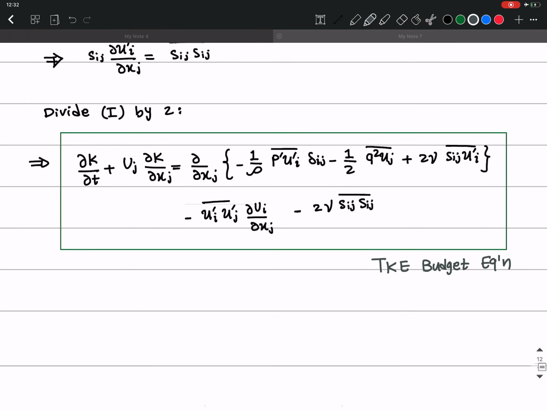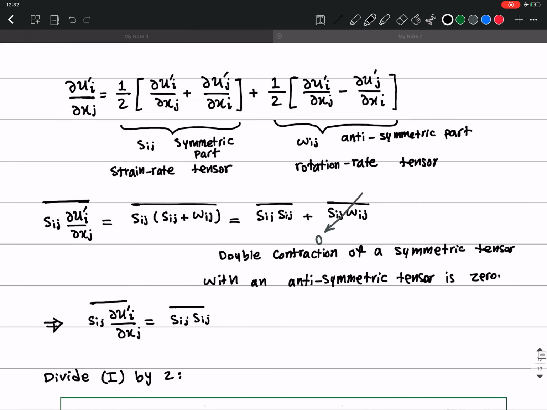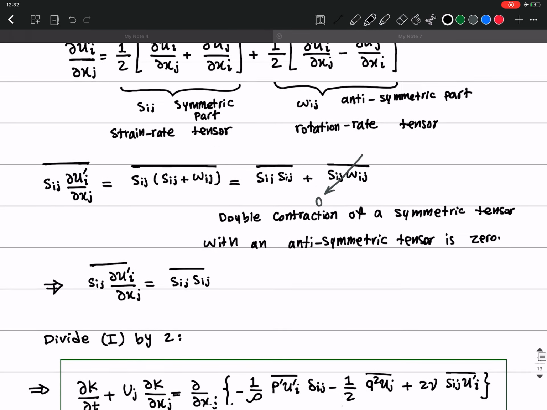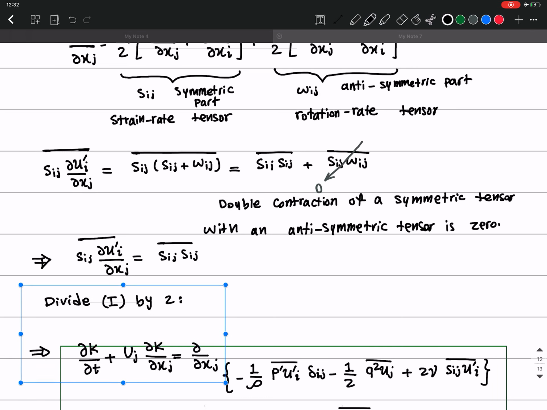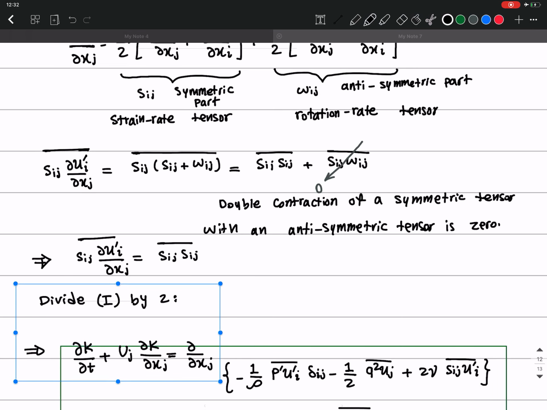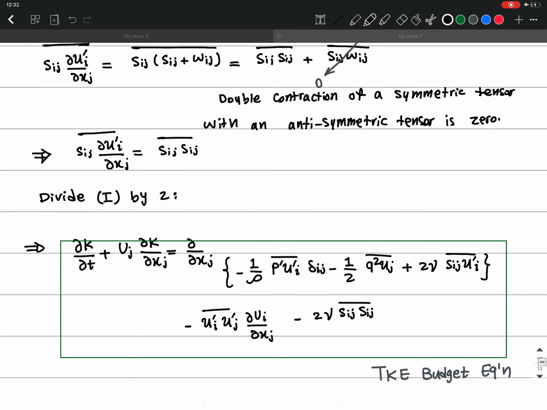Okay, similarly, we can find an equation for the mean kinetic energy. Okay, so this was for turbulent kinetic energy, and we can similarly find an equation for mean kinetic energy. Let me write it down.